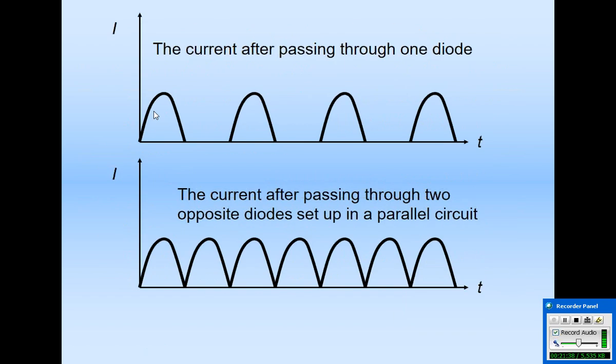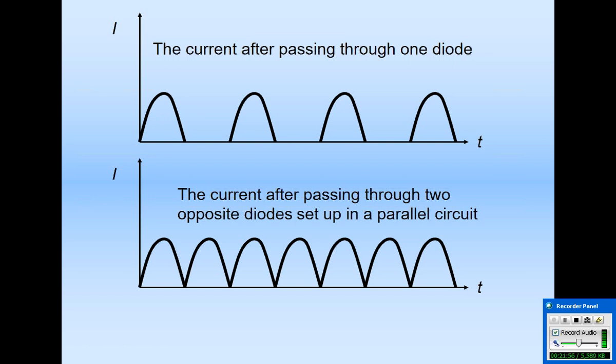And then we have a second diode that's more or less identical to the first, but it's wired up in exactly the other direction. So the first diode will spit out half the current. The second diode will spit out the other half of the current.